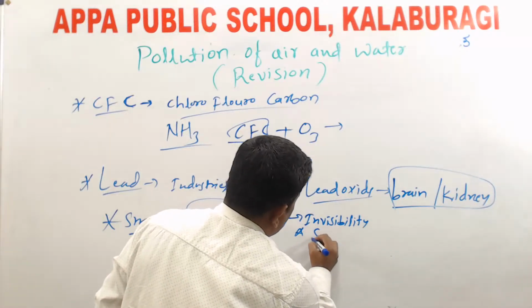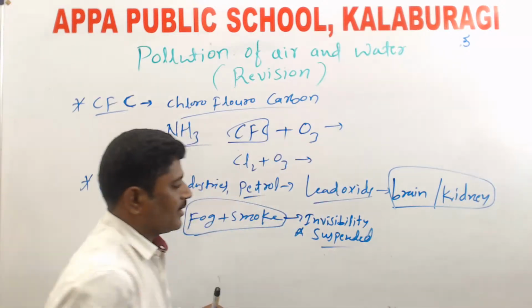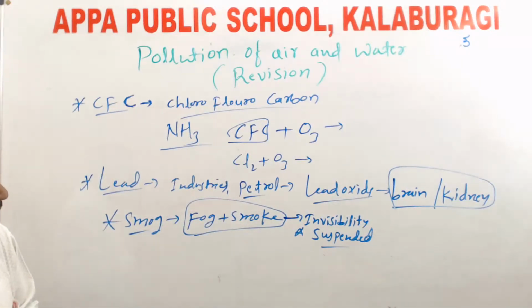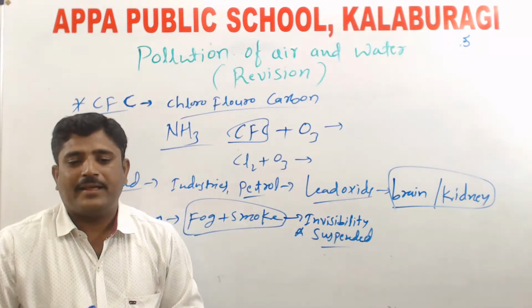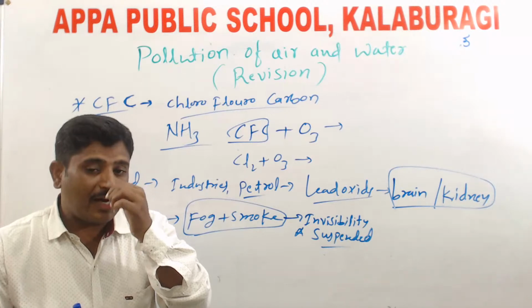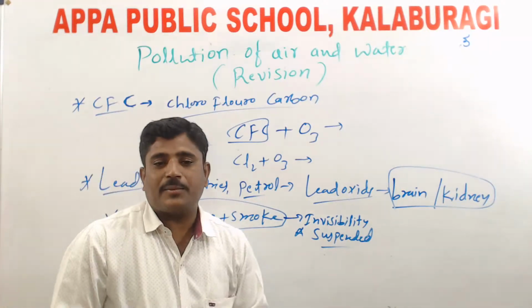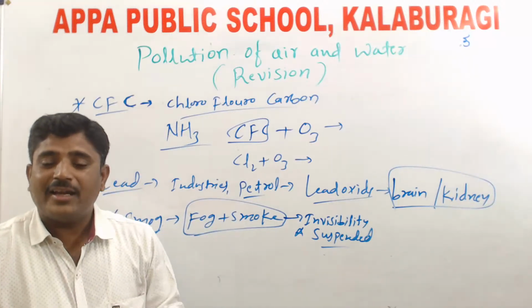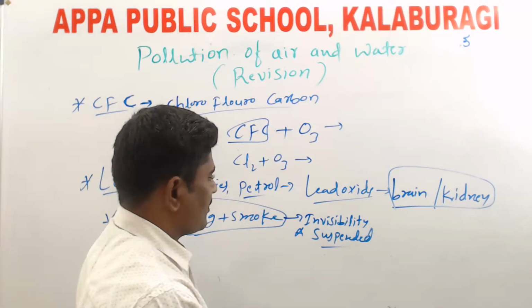There are some suspended particles, which means we can't see any object properly. That is called invisibility or visibility. It also affects the respiratory system.